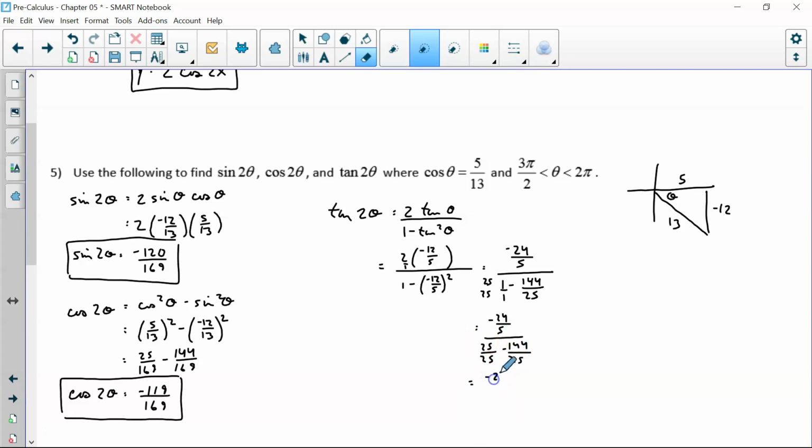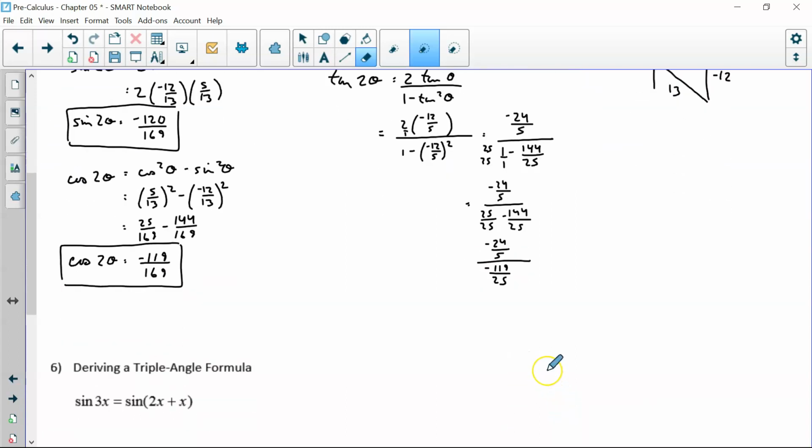So it's negative 24 fifths over negative 119 over 25. Now remember, we don't divide fractions. We multiply by the reciprocal. Keep, change, flip. Negative 24 over 5 times the reciprocal, negative 25 over 119. I can simplify before I multiply.